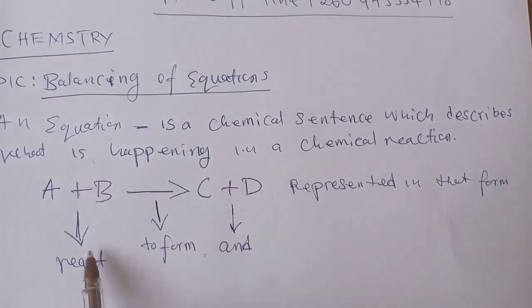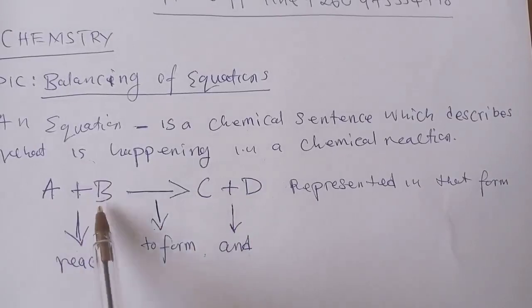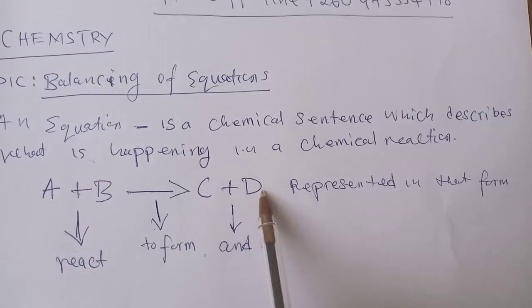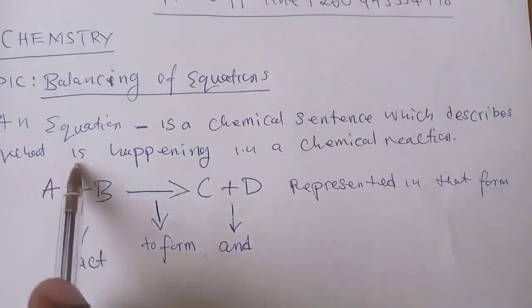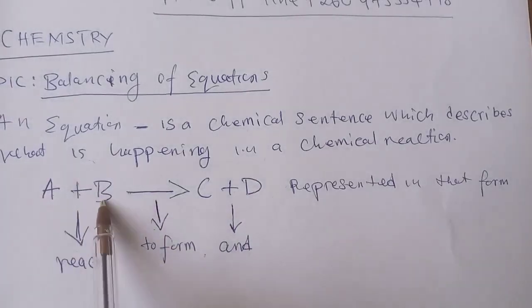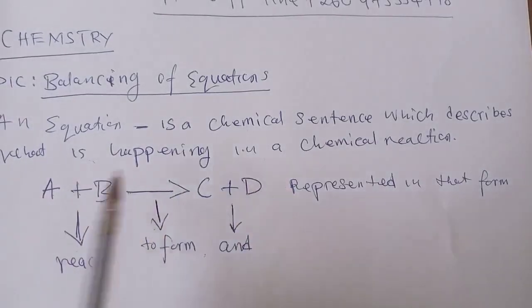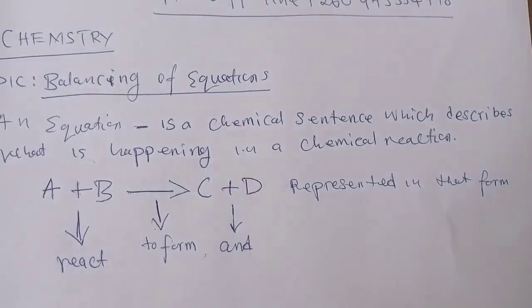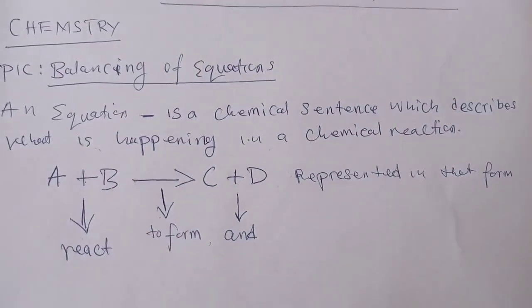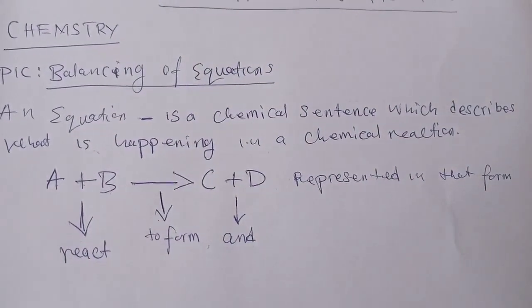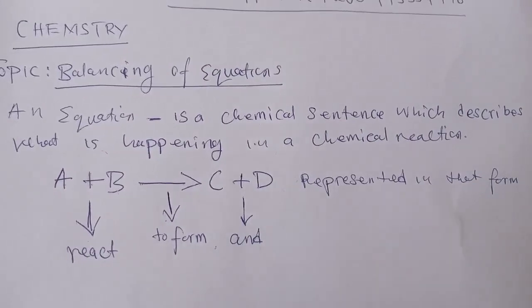Here A and B have reacted and C and D have been produced from these two. So these two react in order to form these two here. You need to know how to interpret that, which ones are the products and which ones are the reactants, which ones are formed.